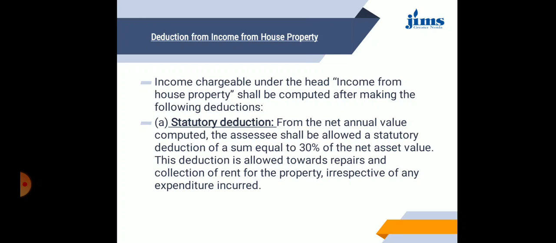From the net annual value, the assessee shall be allowed a statutory deduction of a sum equal to 30% of the net annual value. This deduction is allowed towards the repairs and collection of the rent of the property, irrespective of any expenditure incurred.